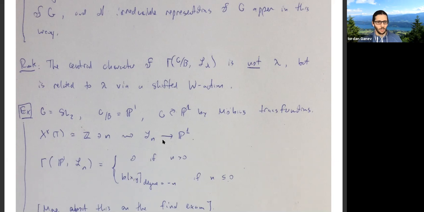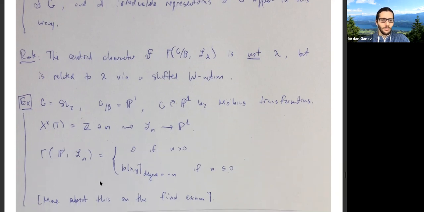I'm always confused by these minus signs, but I think in this setup Ln will correspond to the sheaf O(-n). You can also say things in terms of divisors and so forth. But anyway, for every integer we have a one-dimensional line bundle on P1.